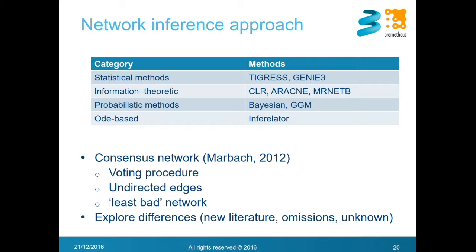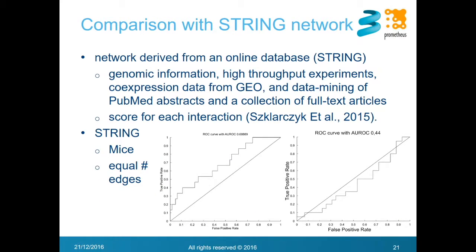This will not give you the best network, but it will give you the least bad network, probably. And based on the network that we inferred, we saw that there were some omissions in our network. When we compared both, we saw that there were a few arrows that seemed to be missing in our network, and there were a few unknown links that we could not retrieve in the literature, and for which we are now currently performing experiments.